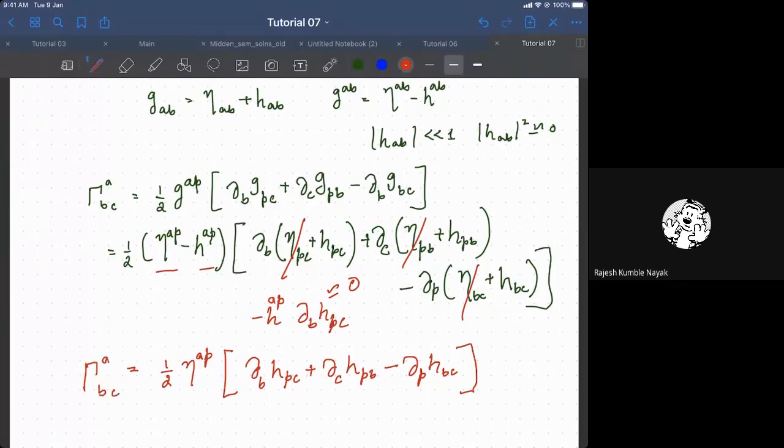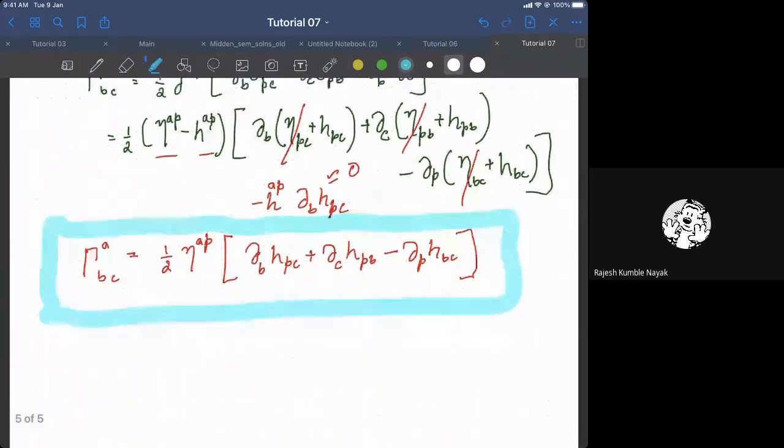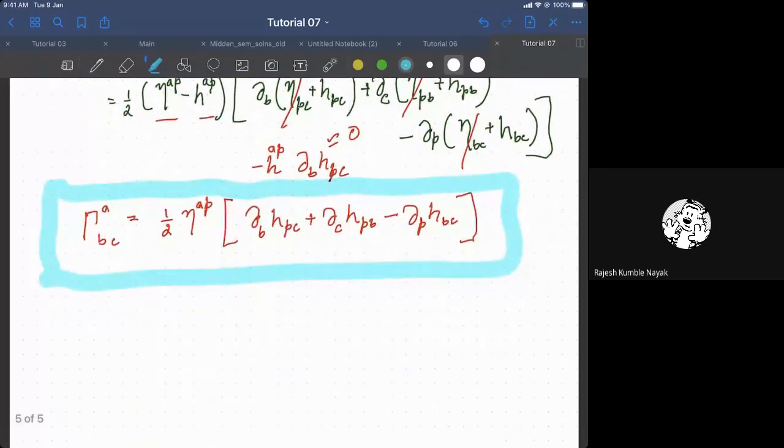Okay, so this is the expression we get for the gamma in terms of this approximation. In the lowest order it is 0 because it is a flat spacetime. Is this step clear? There is nothing much here. It is fairly straightforward. Is it okay?